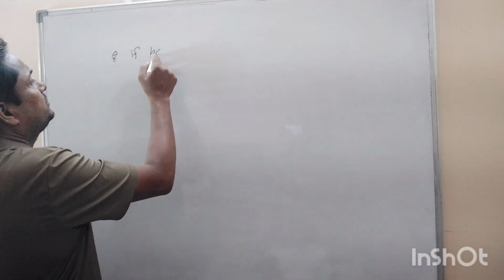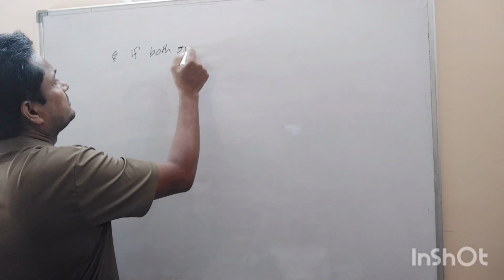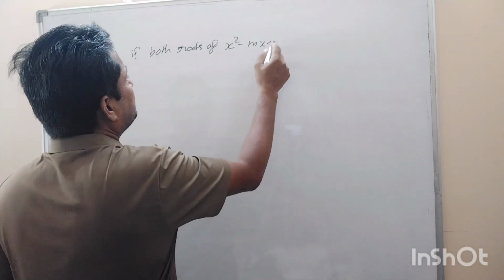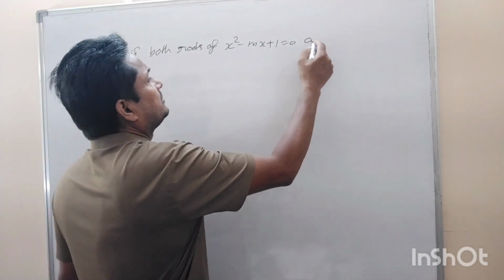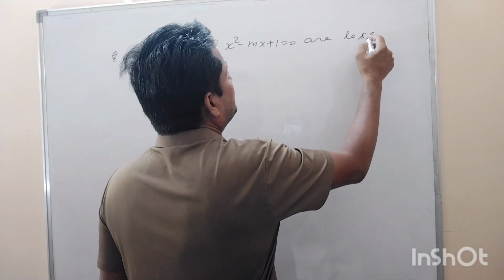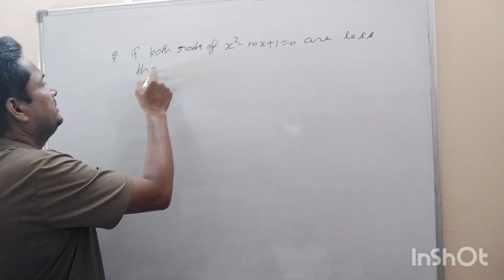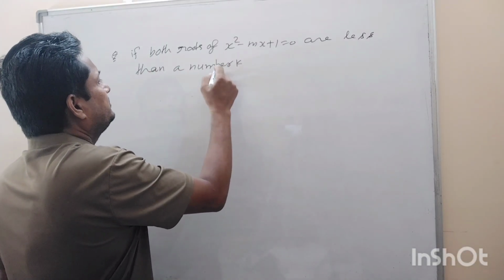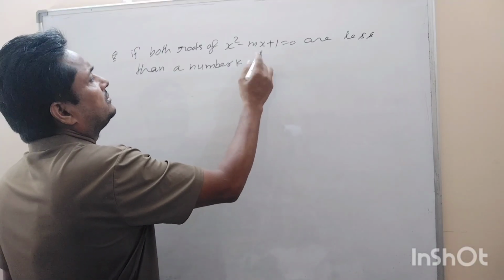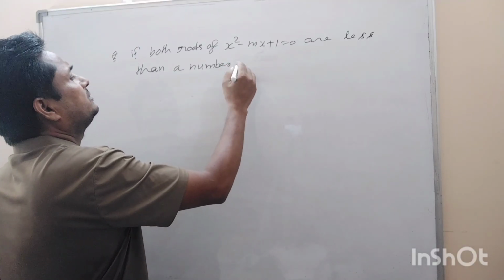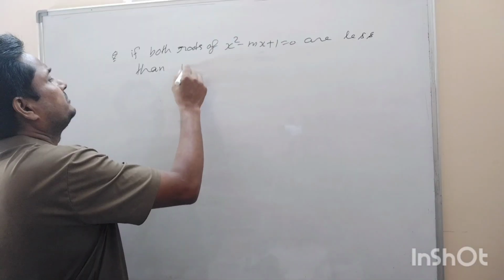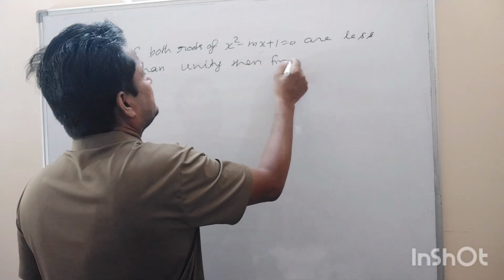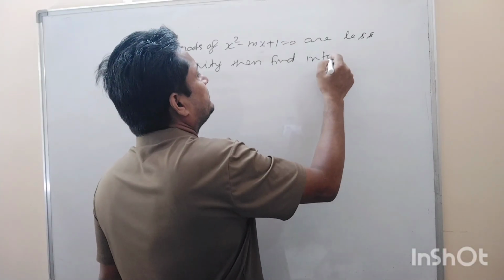If both roots of x square minus mx plus 1 is equal to 0 are less than unity, then find the interval of m.